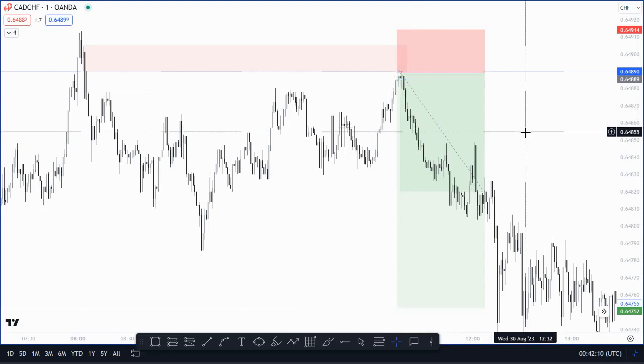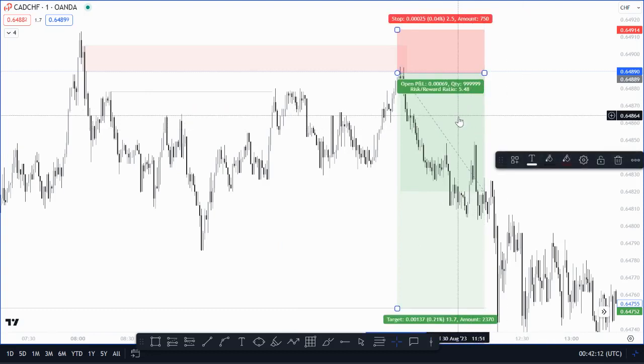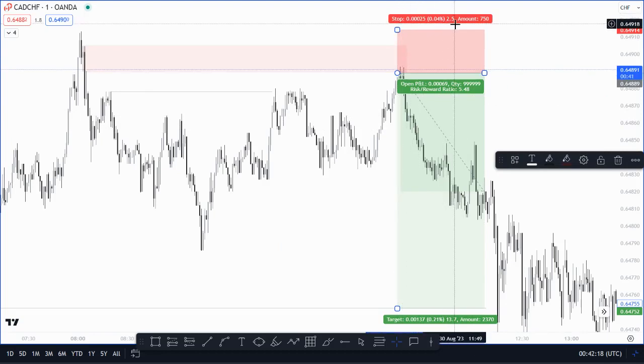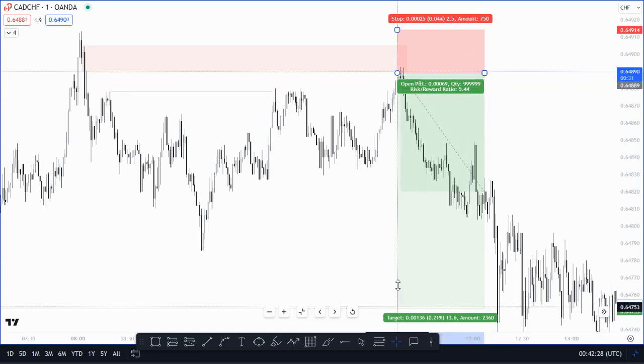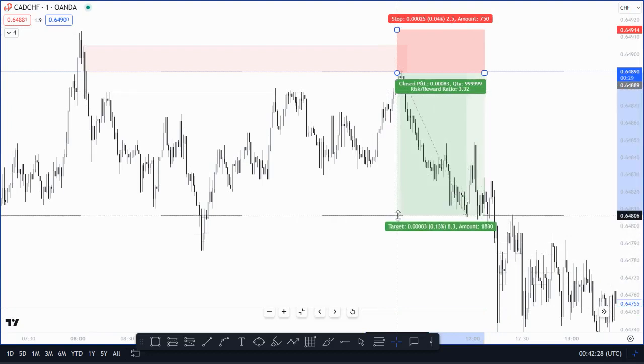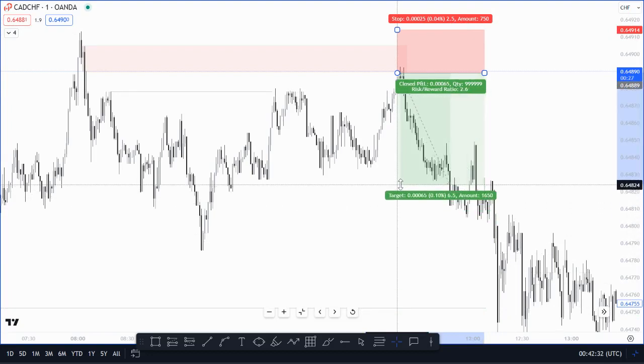So what you do is this: the stop loss here. If you look up, you see stop, and you see this figure here. The stop loss is 2.5, meaning that this is a 2.5 pips stop loss. And the risk to reward is 5.48. If you notice, as I am moving this, the risk to reward is also going up.